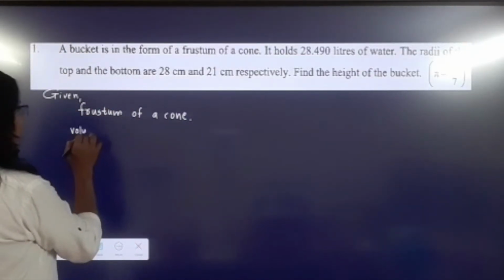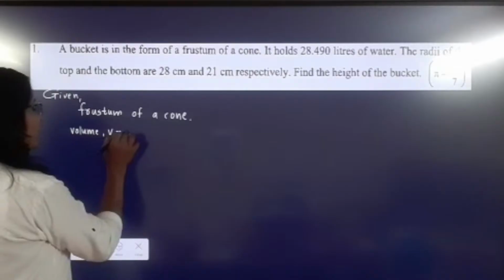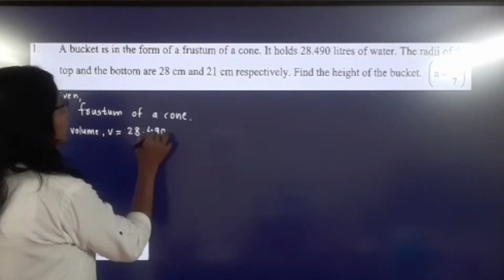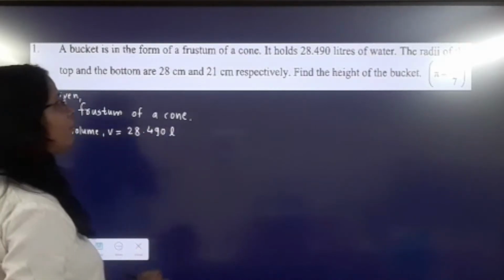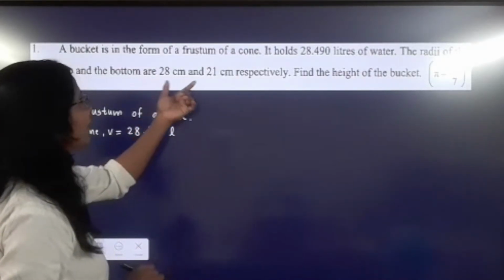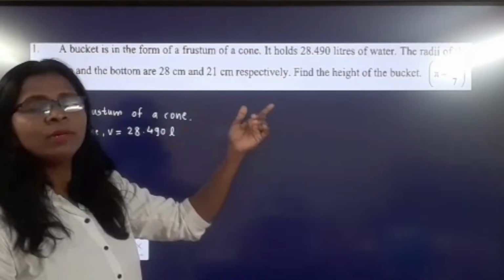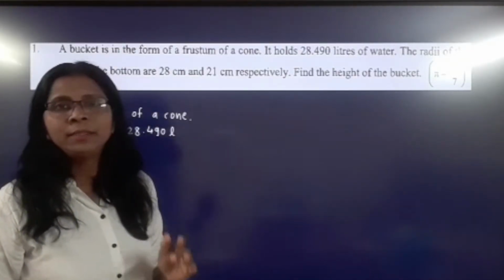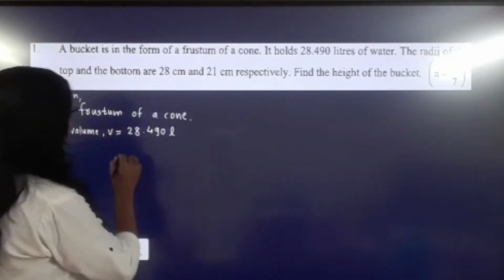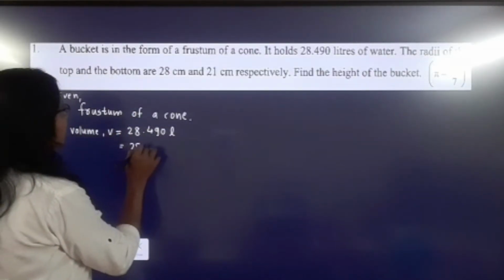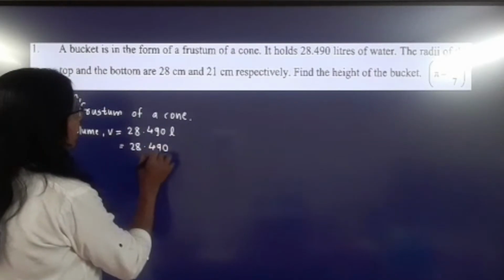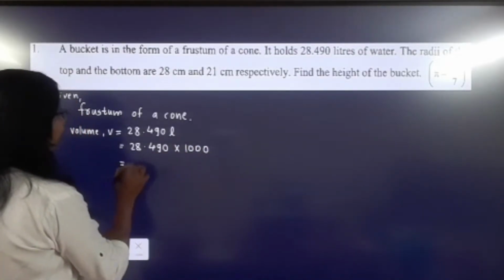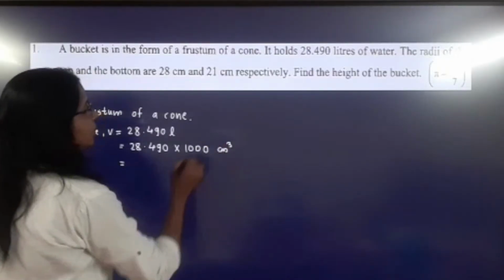So I write down that volume V is equal to 28.490 liters. Now, if you observe, the given radii are in centimeters, so we convert this volume from liters to cubic centimeters. So I multiply 28.490 by 1000, and it will be converted to cubic centimeters.